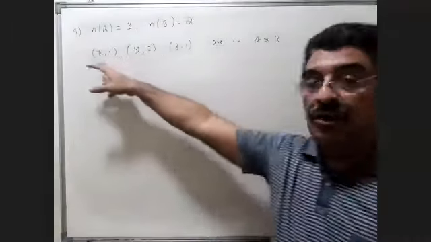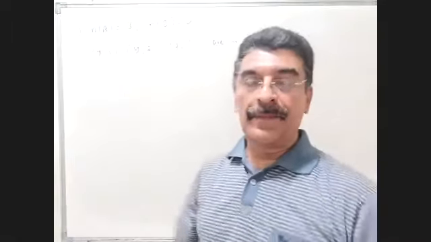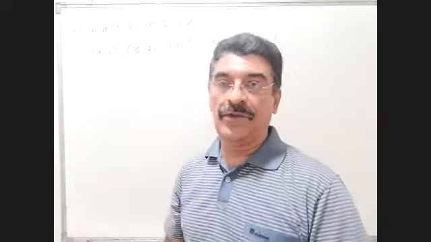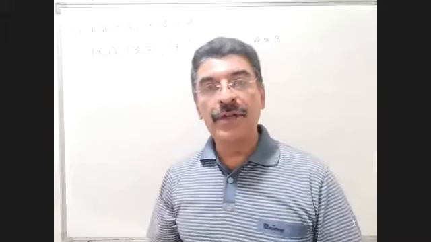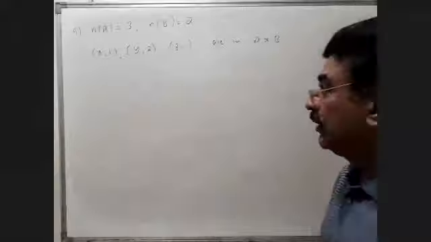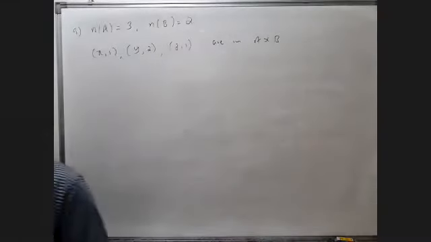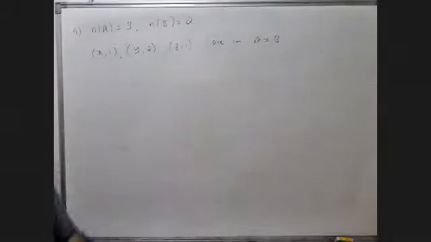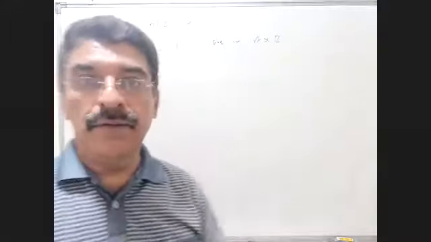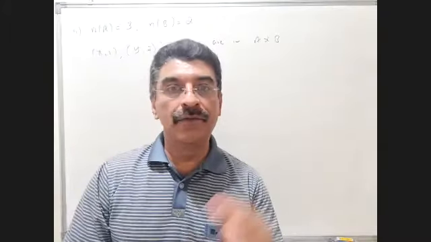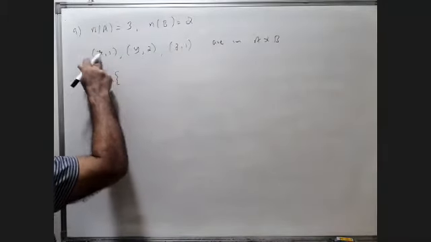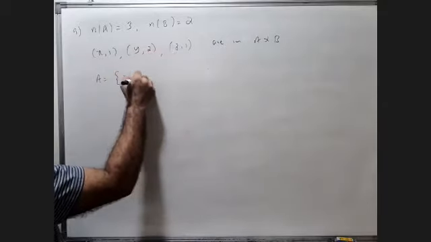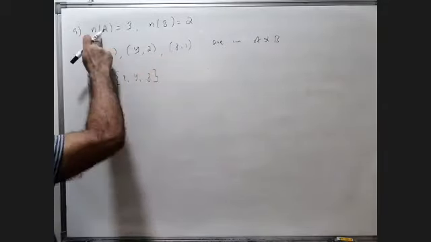Again, if we know a few elements in A cross B, it is not given that this is the full A cross B. If these are elements in A cross B, we know that the first elements will constitute set A. So set A has the first elements x, y, and z.